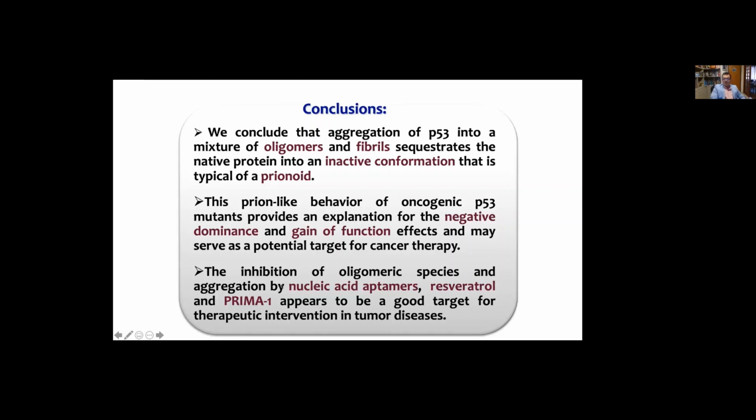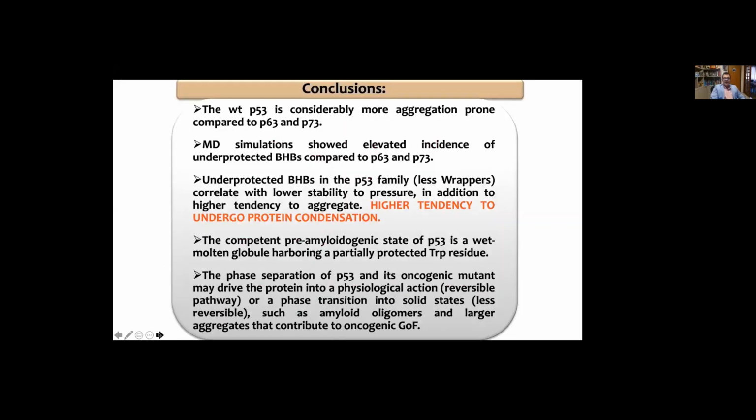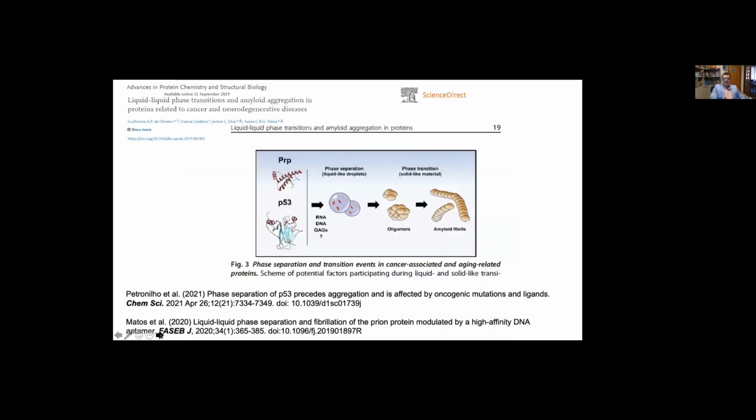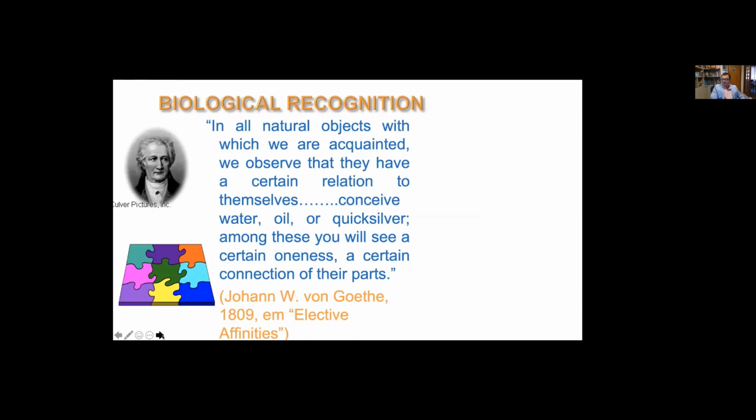We do believe that the aggregation of p53, or the phase transition of p53, is a marvelous target for cancer therapy, and particularly we need to understand more about this transition from liquid state to gel and solid state to make probably better drugs. It goes in the same direction as the prion protein.